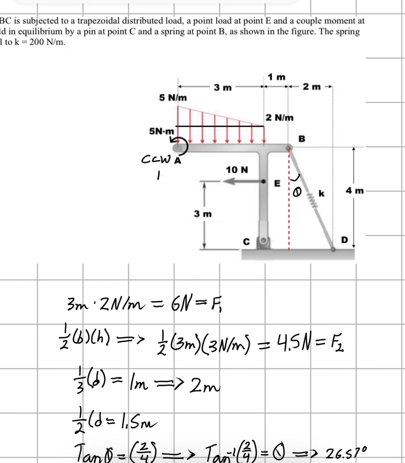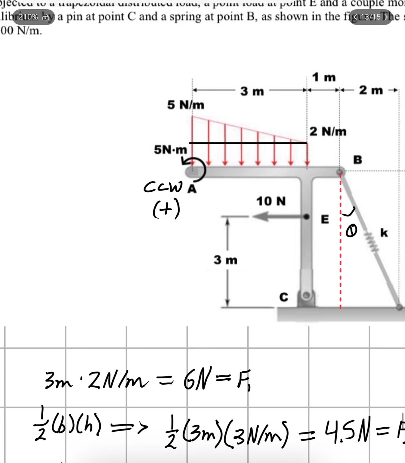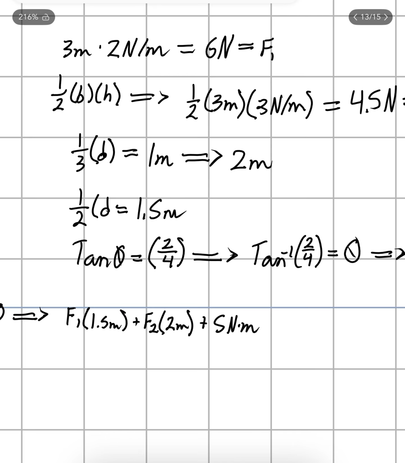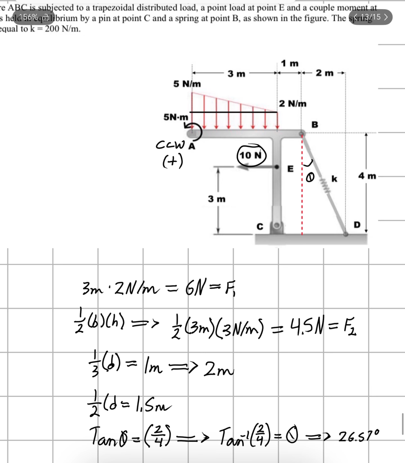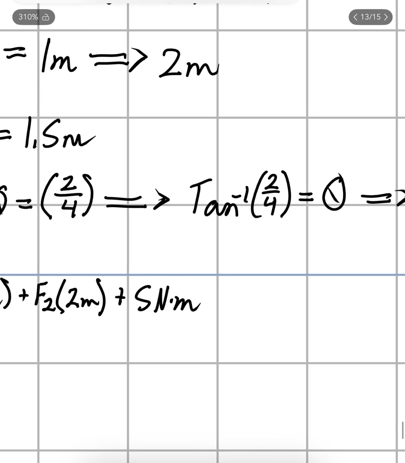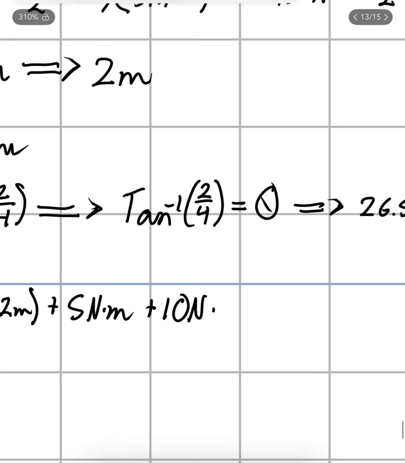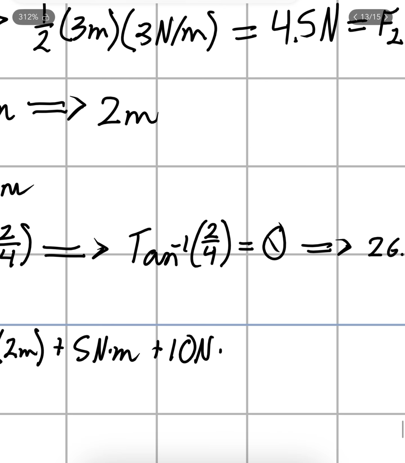That implies that is a positive. So plus 5 Newton meters. Additionally, we see that there is a 10 Newton force. We can account for this as well by saying plus 10 newtons times its height above C, which is 3 meters. 10 times 3.